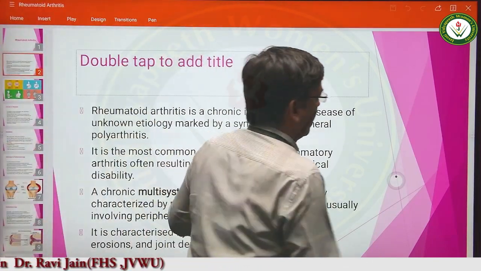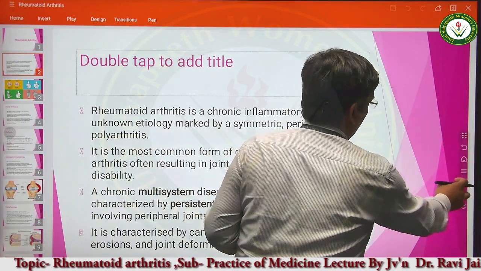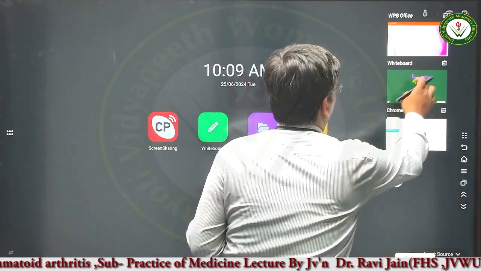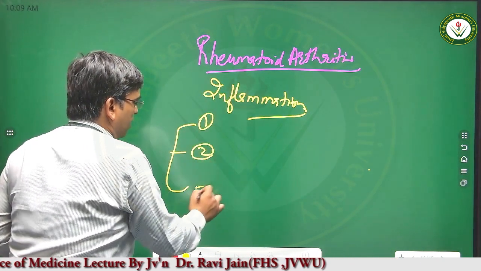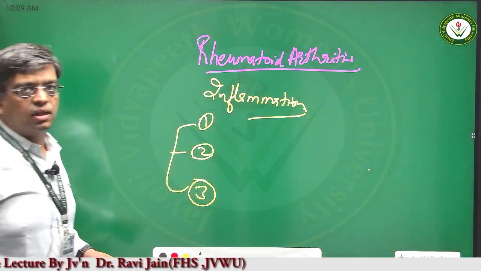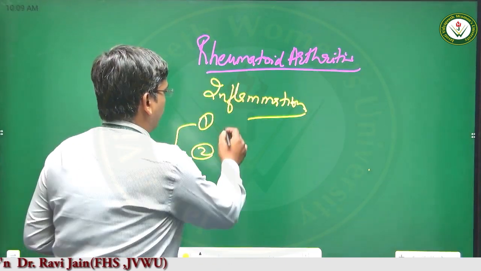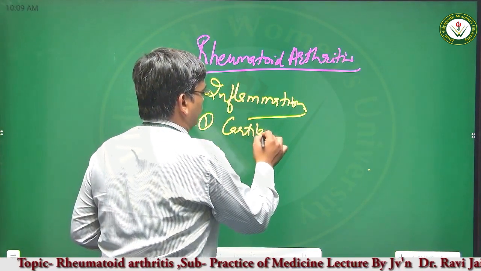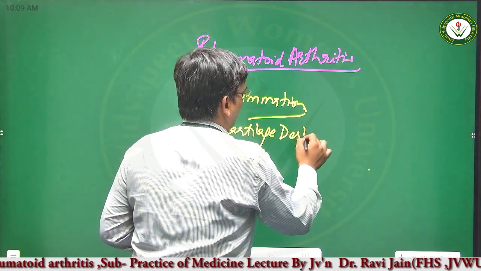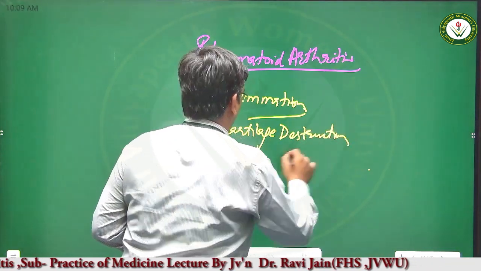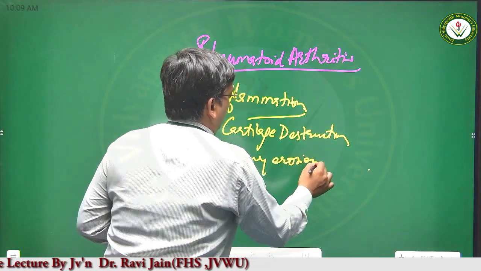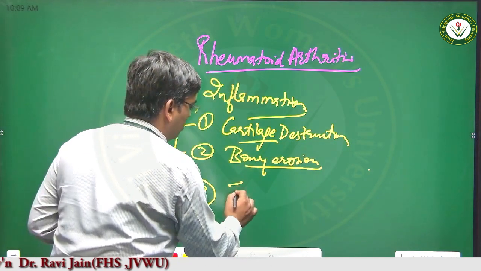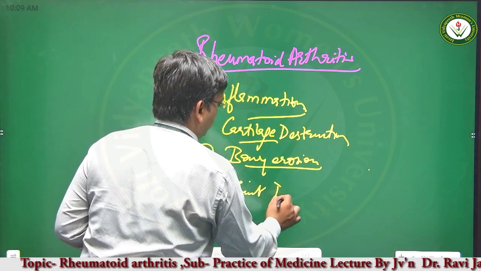Rheumatoid arthritis is characterized by three things: cartilage destruction, bony erosion, that is erosion of the bone, and joint destruction.